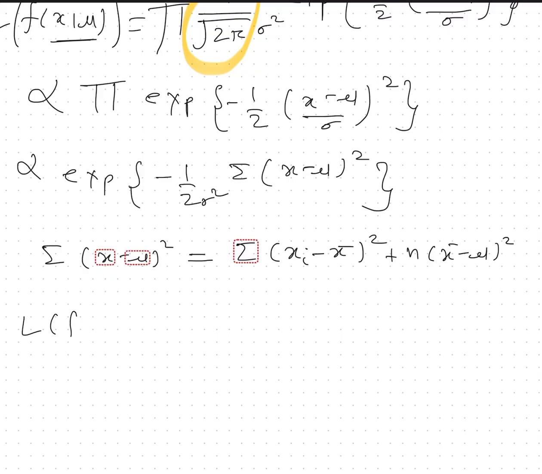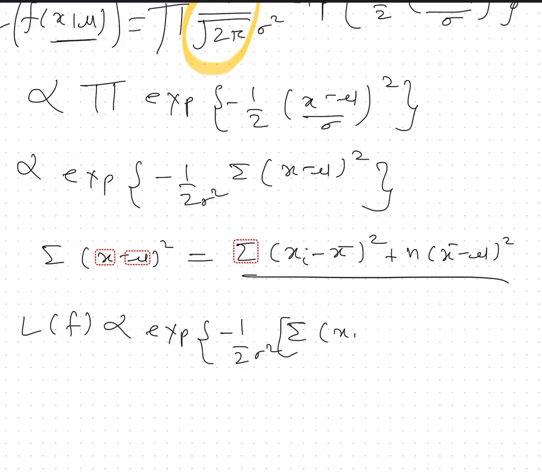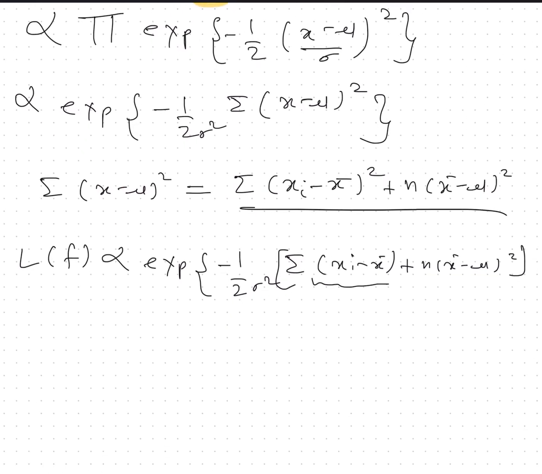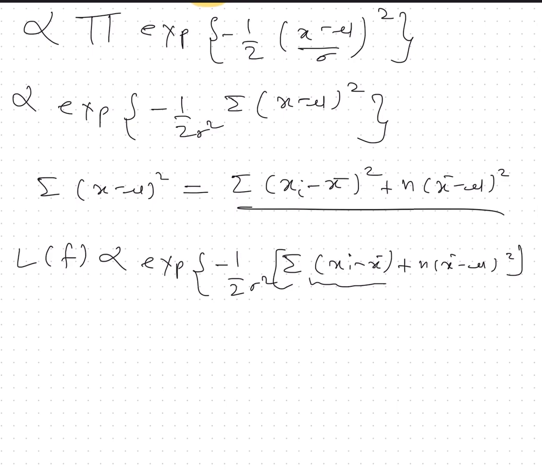So I will substitute this in the original equation. Now we have the likelihood of f proportional to exponential of minus half multiplied by the summation of xi minus x bar square plus n into x bar minus mu square. Since the first term is not dependent on mu, we can ignore it and treat it as a constant.